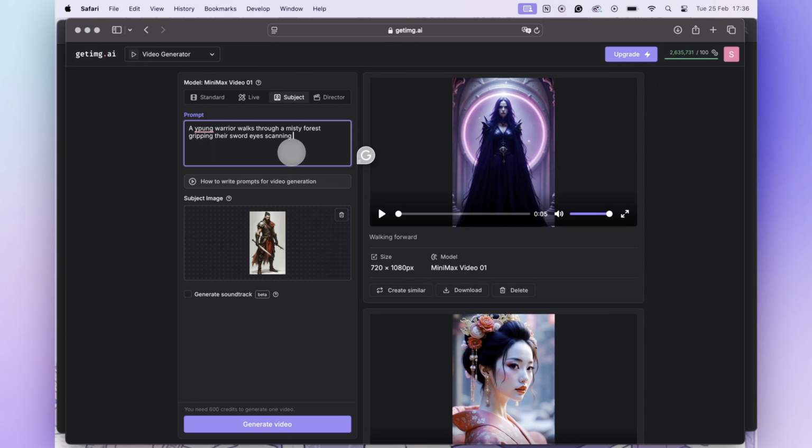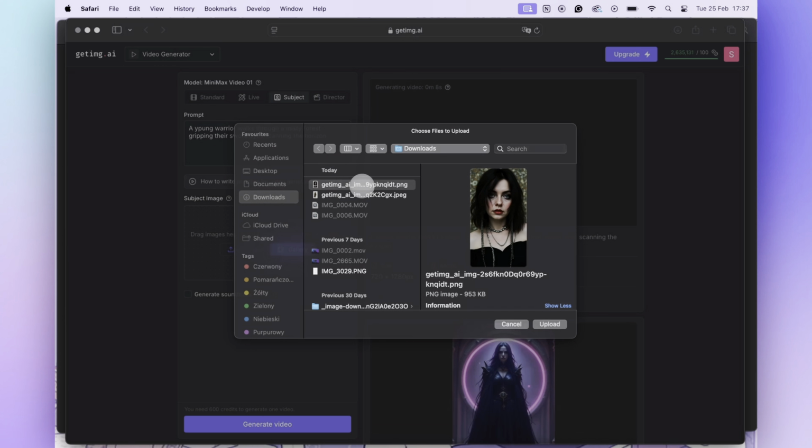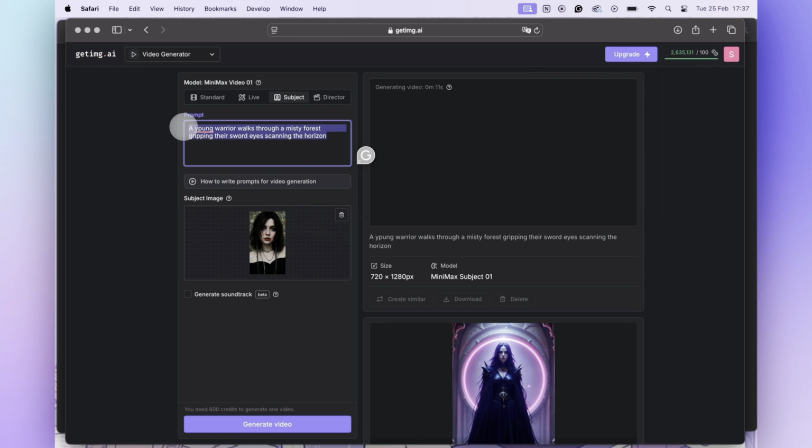For my real person image, I will try a person stands on a rooftop at night, wind blowing through their hair, looking down at the neon city below. See how I'm setting the mood and describing the motion? This is what makes the AI work.